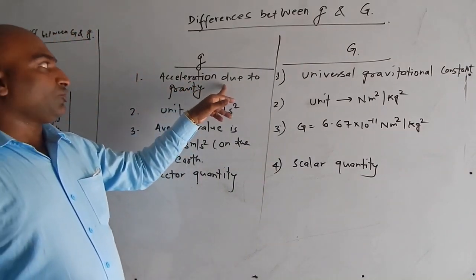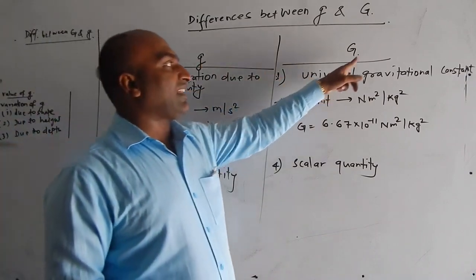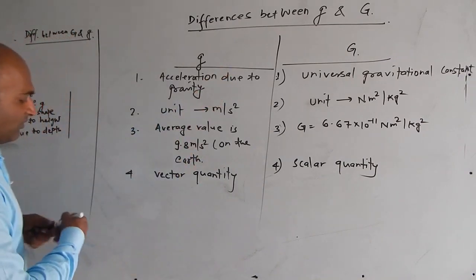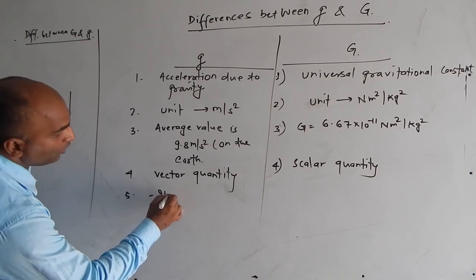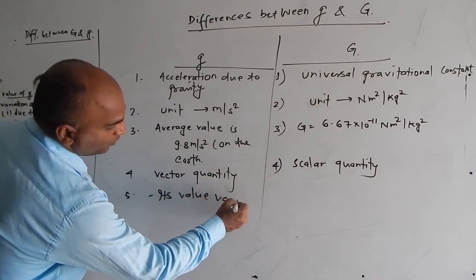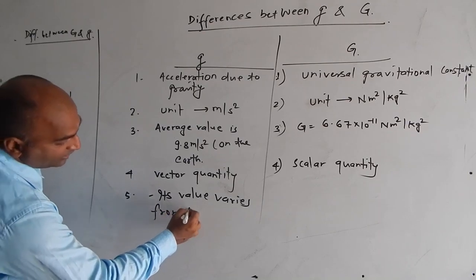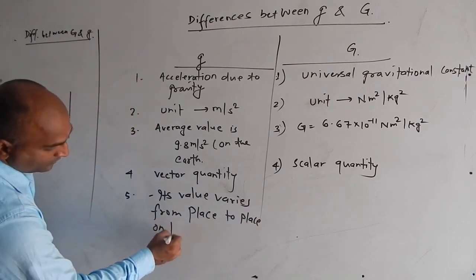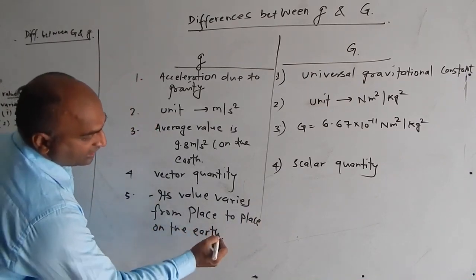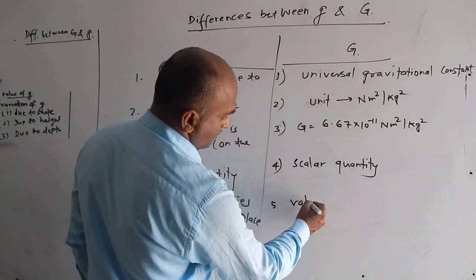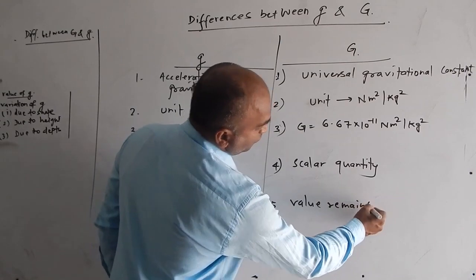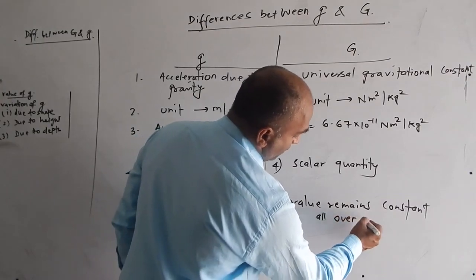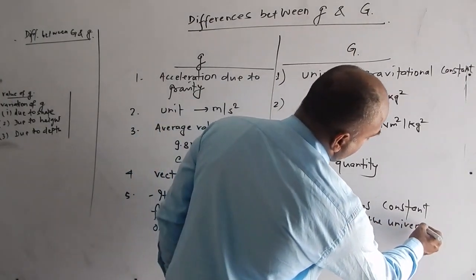Acceleration due to gravity is denoted by small g and the universal gravitational constant is denoted by capital G. The value of acceleration due to gravity varies from place to place on the earth, but the value of G remains constant all over the universe.